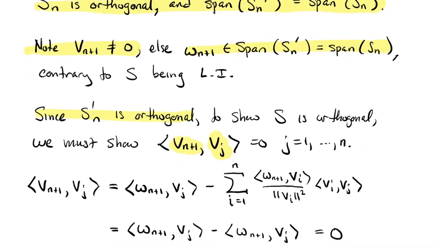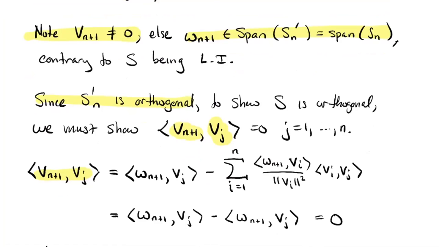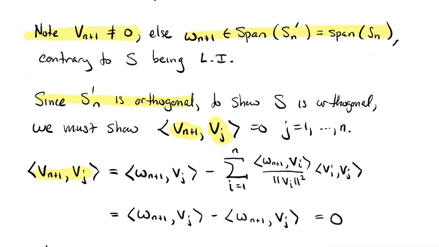So I just do it. I just take Vn plus 1 and take the inner product with Vj. Using formula 1 and the linearity of the inner product, that's going to give me the inner product of Wn plus 1 with Vj minus, pushing the inner product through the sum, I would get those coefficients and the inner product of Vi with Vj.